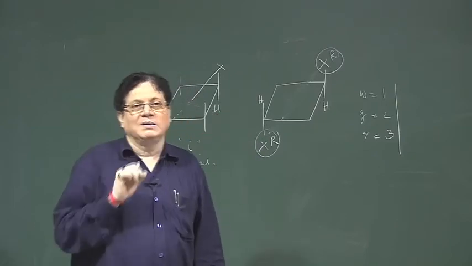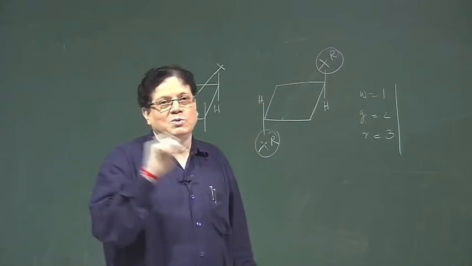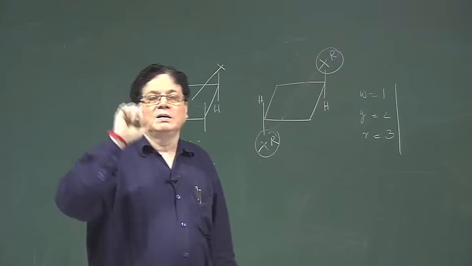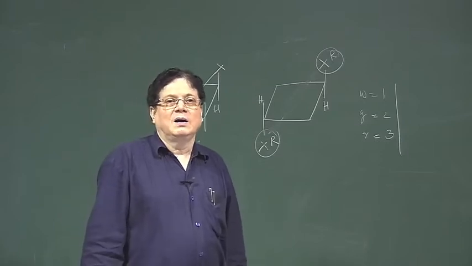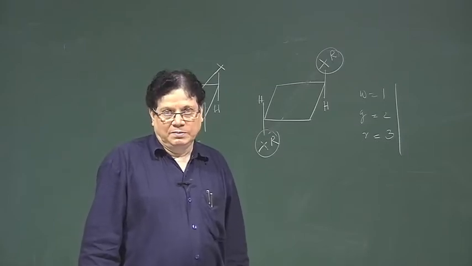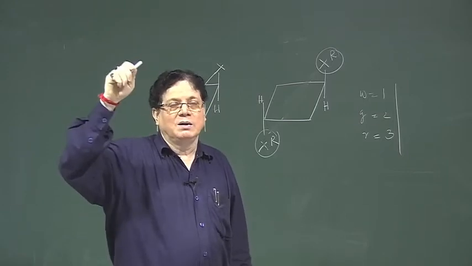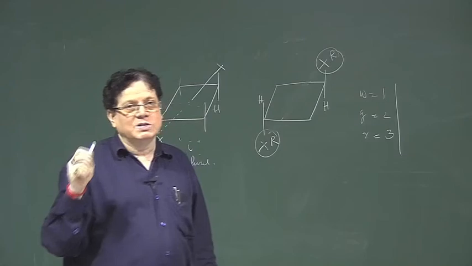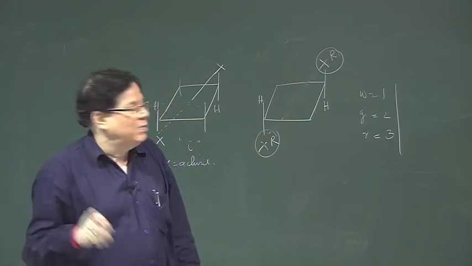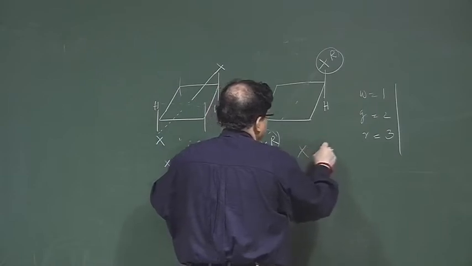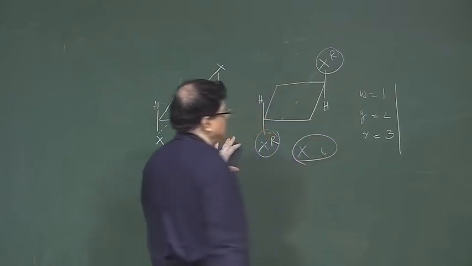Now, if you have chiral centers on two sides, then what happens? There is a possibility of RR or RS combination or SS combination, and interestingly when they are RR, I just showed you that the center of symmetry, I, is absent.